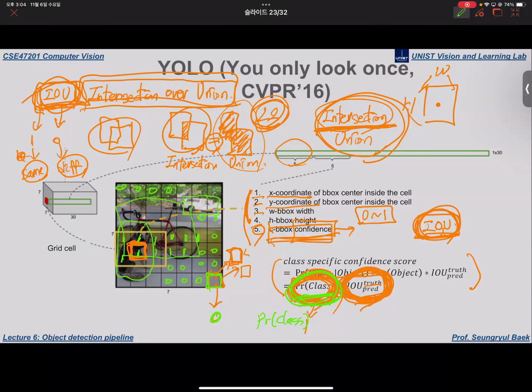Here it would be 0 and this part would have 1. And this grid may have the ground truth bounding box, and if this region predicts two bounding boxes, then those two are used to calculate this IOU.